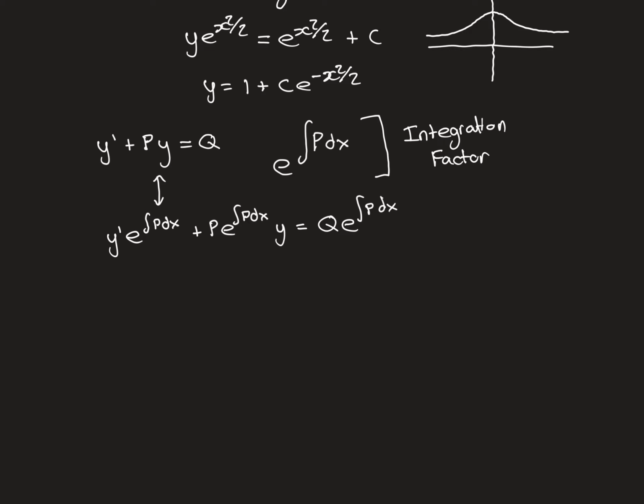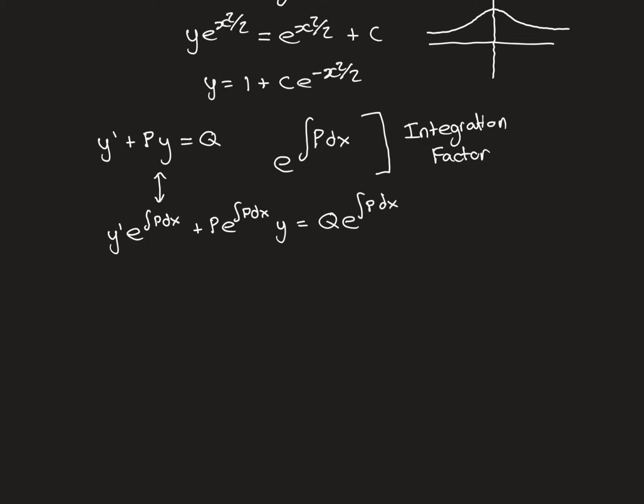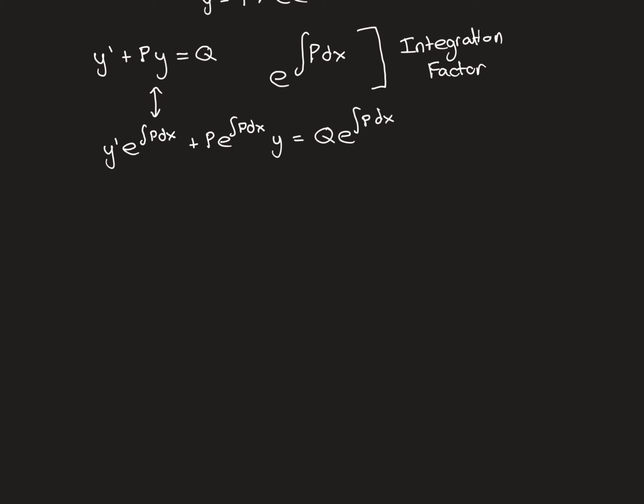Take the simplest one. So there's our original first-order linear ODE, multiplied through by our integration factor, and now it's in exact form, because this is the derivative with respect to x of y times this e to the power of the antiderivative of p.